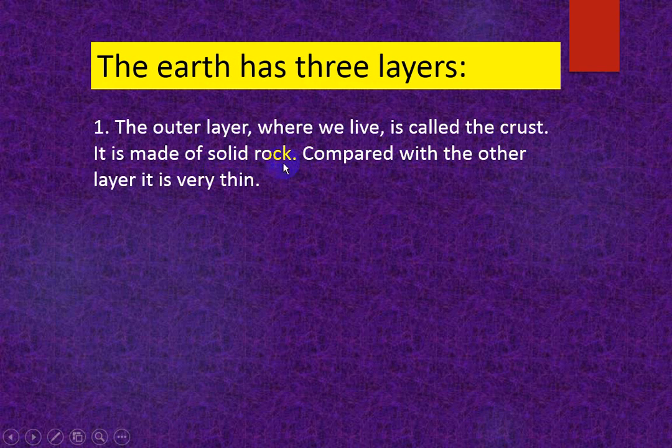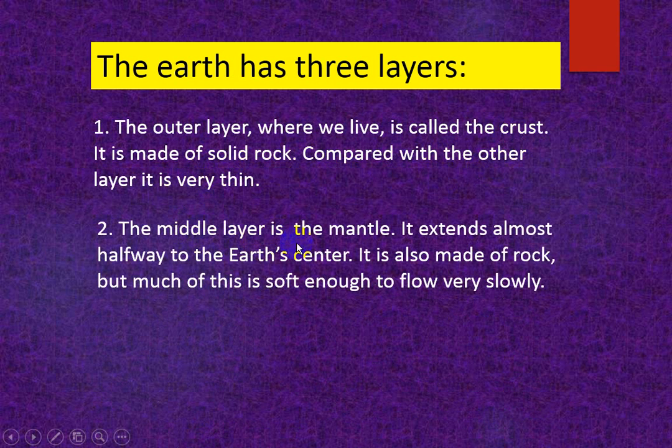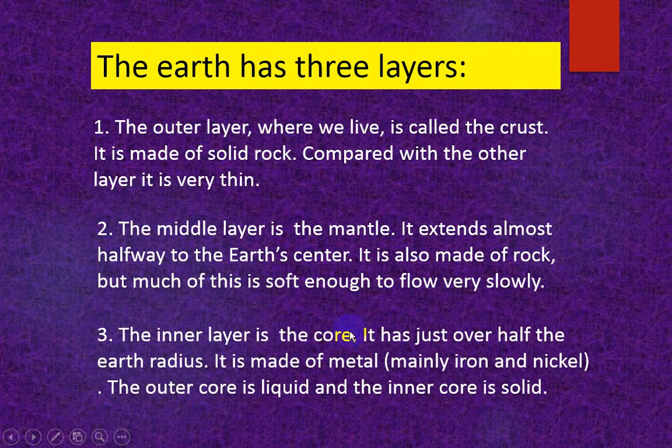It is made of solid rock. Compared with other layers, it is very thin. The middle layer is called the mantle. It extends almost halfway to the earth's center. It is also made of rock, but it is soft and flows very slowly. The middle layer is the mantle, and the inner layer is the core.